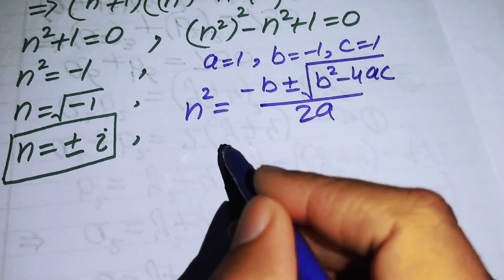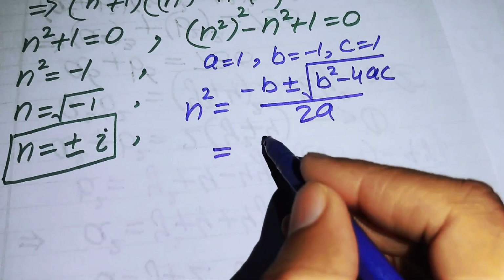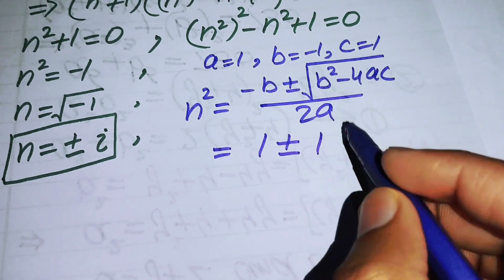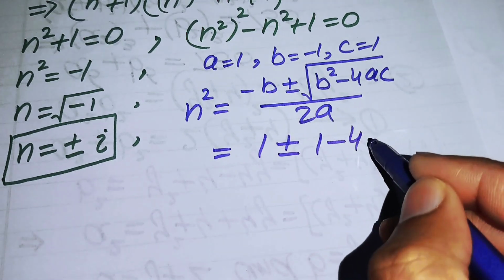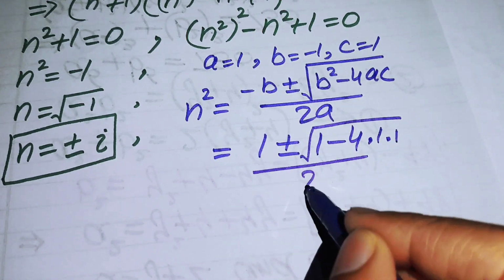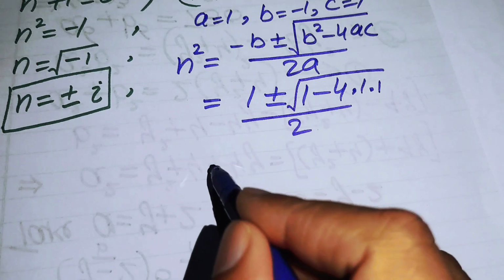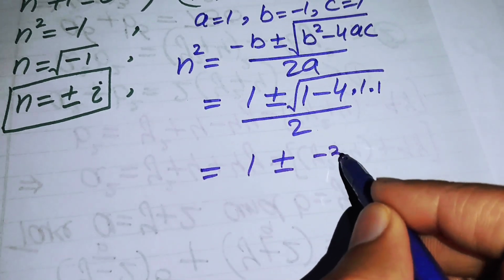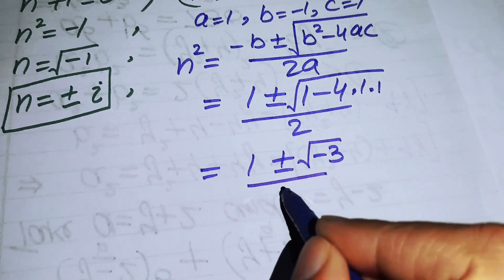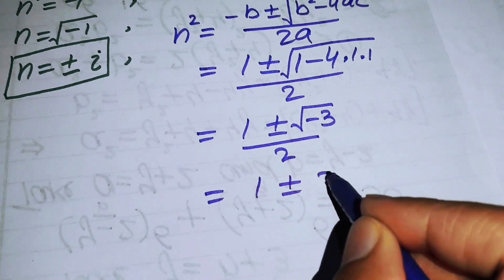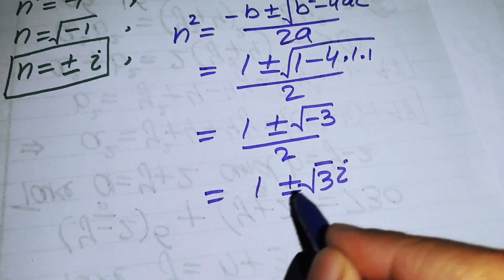So now we put the values of a, b and c here, then you get 1 plus minus b squared equals 1, and minus 4 times a is 1 and c is 1, and this whole square root over 2. So that you will get here 1 plus minus square root of minus 3 over 2, and you will get here 1 plus minus square root of 3 iota over 2.